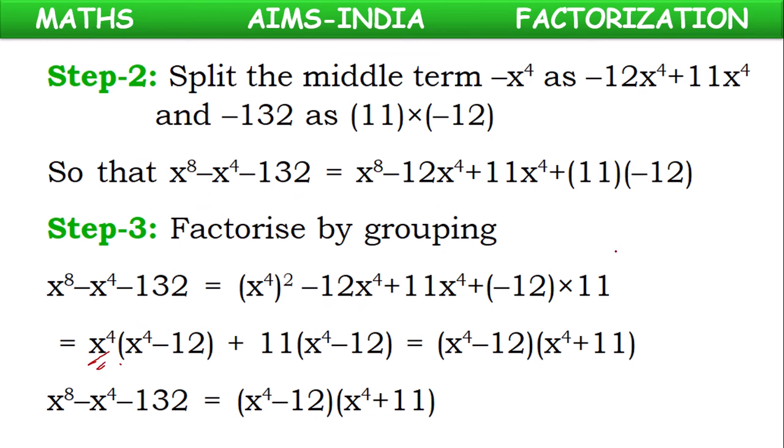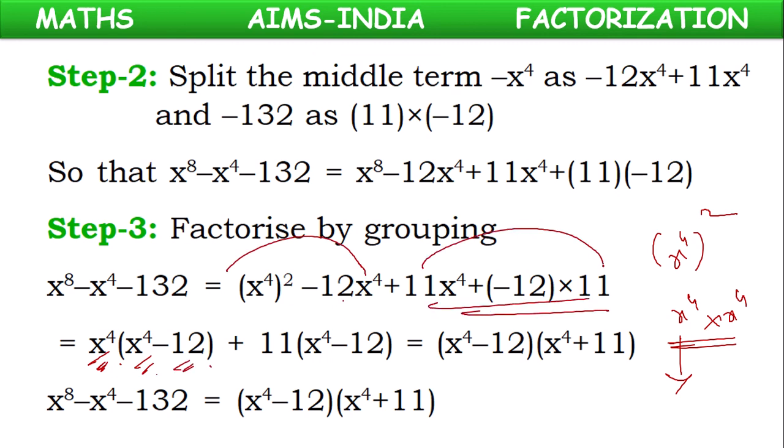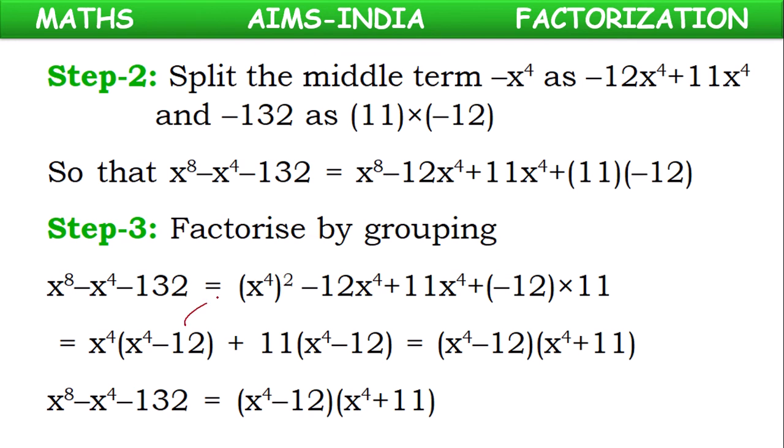X power 4 whole square means x power 4 into x power 4. If we take one x power 4 common, another x power 4 will remain. Here x power 4 went out, minus 12 will remain. Next group, 11 we will take common, x power 4 will remain, minus 12 will remain. Again, x power 4 minus 12 we will take common. Here x power 4 will remain. Here plus 11 will remain. These are the factors. So like this also we can do the factorization, children.